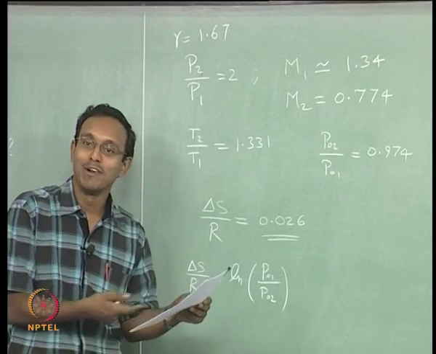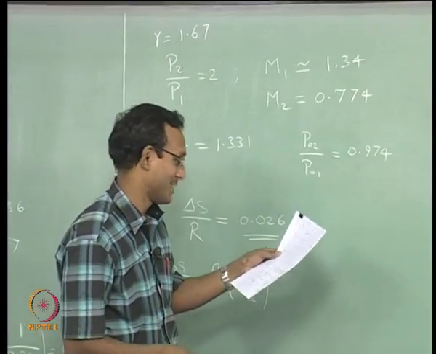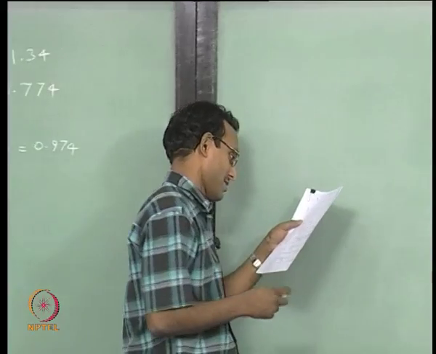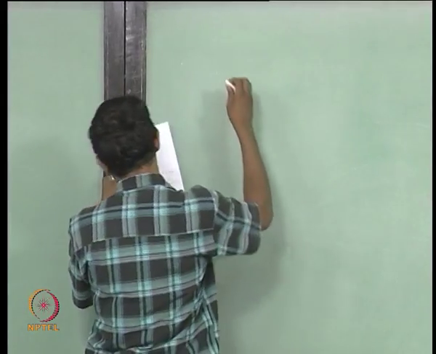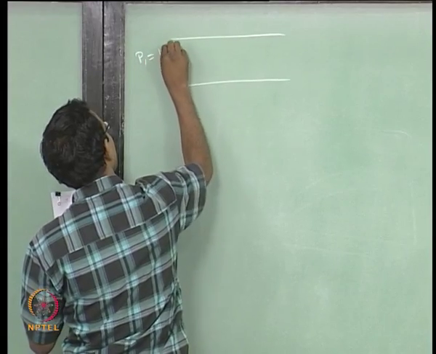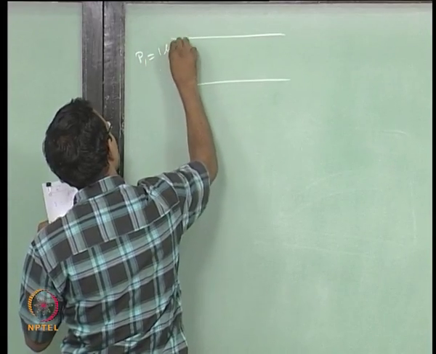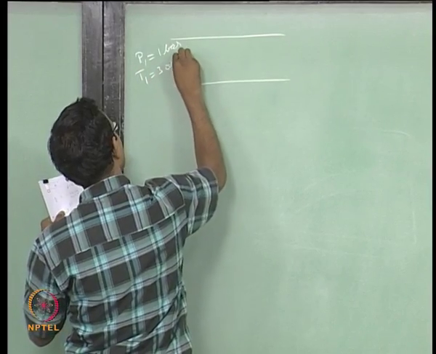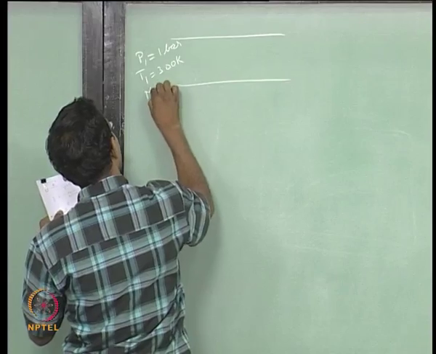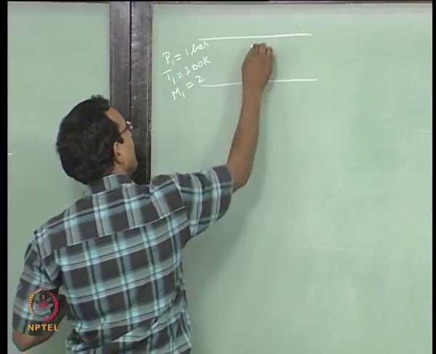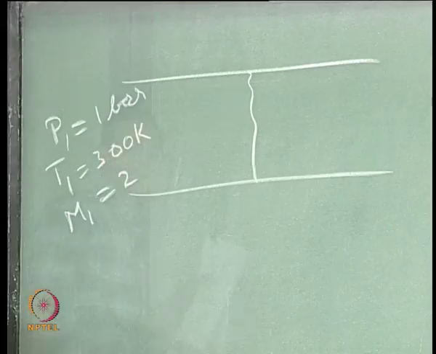The next problem I am going to give is based on that, so we will go into that immediately. We will look at the next problem where we are given something different. I am given P1 of 1 bar, T1 is 300 Kelvin, M1 is 2, and there is a normal shock sitting inside my duct.